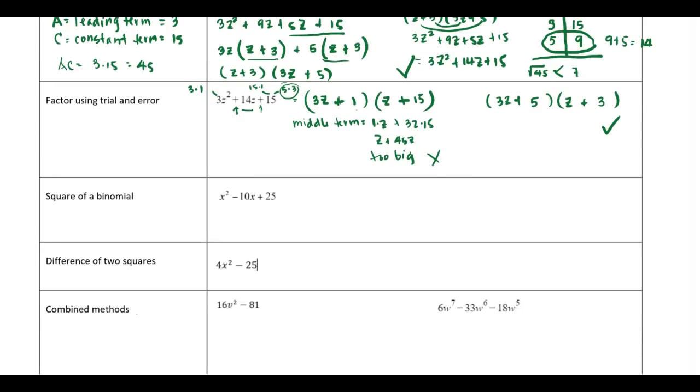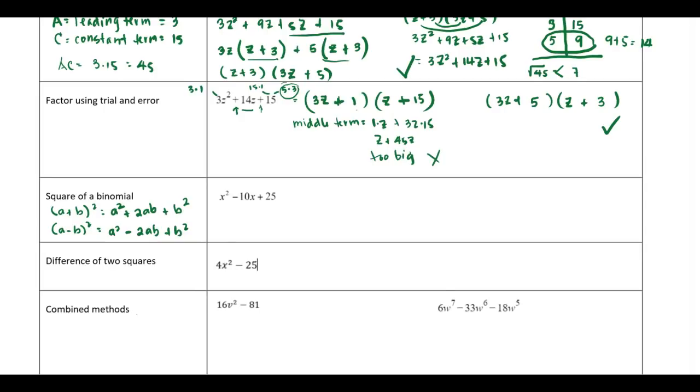Next is the square of a binomial. The formula is a plus b squared is a squared plus 2ab plus b squared. So it's the square of the first term, square of the second term, and the product of those two terms, doubled. A minus b squared is a squared minus 2ab plus b squared.